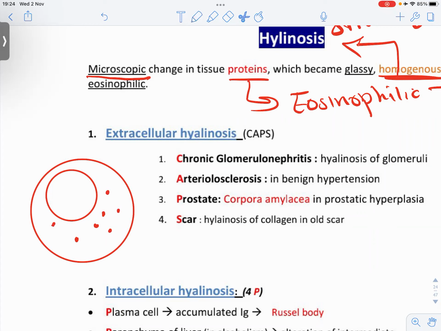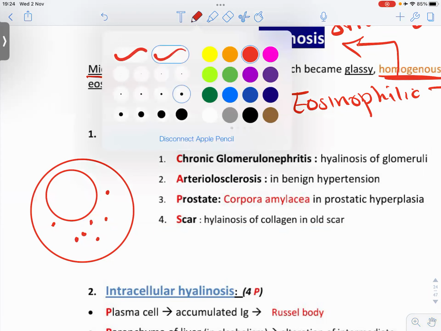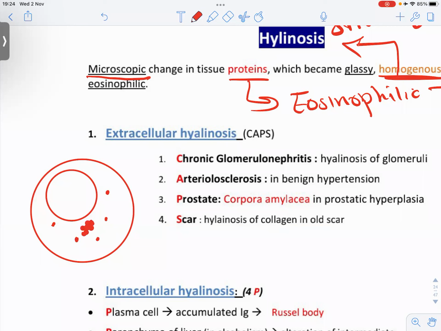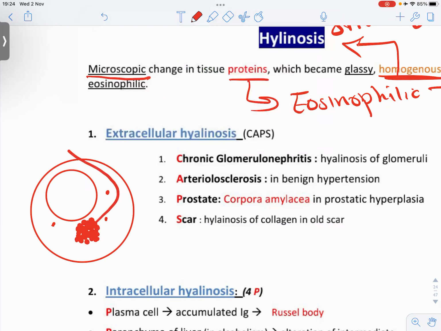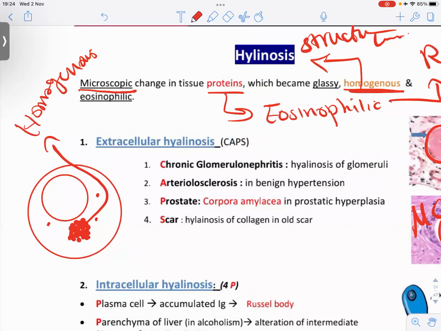But when the proteins start to be accumulated together, it's not a normal structure anymore. So homogeneous means structureless. There is no normal structure anymore.